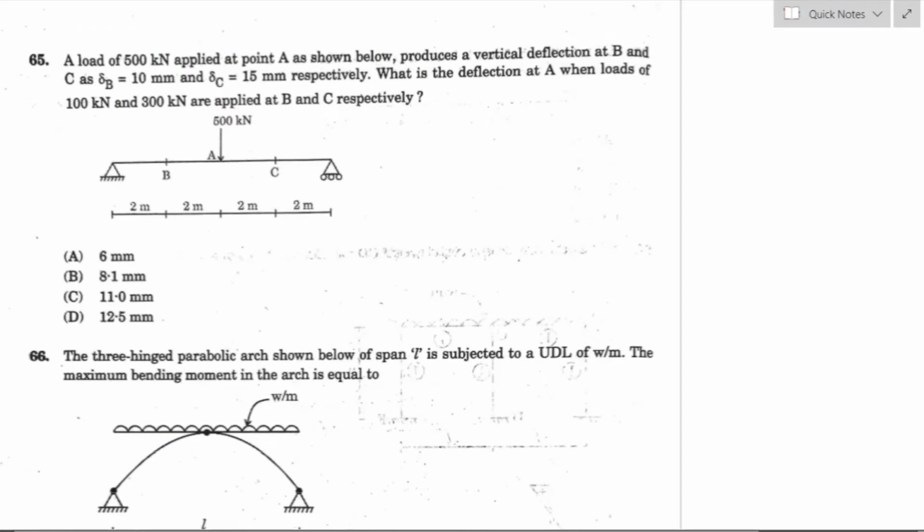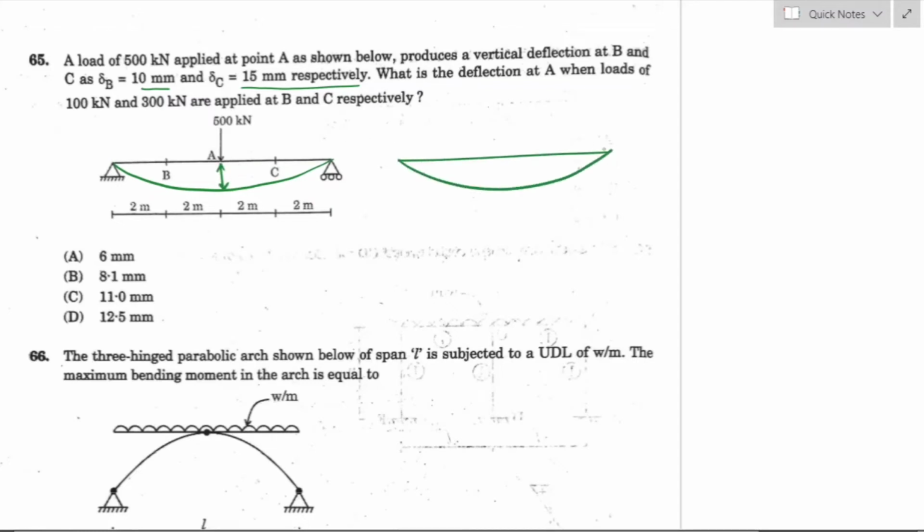Question number 65. A load of 500 kN applied at point A as shown below produces a vertical deflection at B and C. Delta B is equal to 10 mm and delta C is 15 mm respectively. What is the deflection at A when the loads of 100 kN and 300 kN are applied at B and C respectively? So we have to find the deflection at point A and the total load is 500 kN.